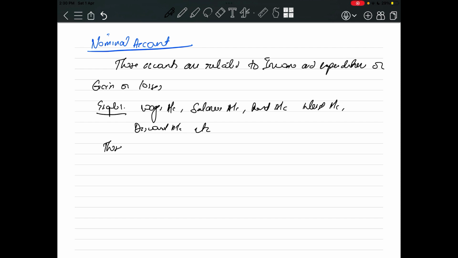Now these accounts are also known as temporary account.